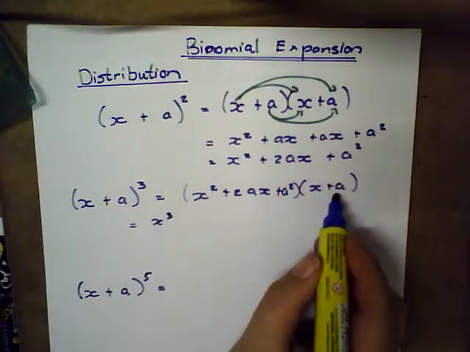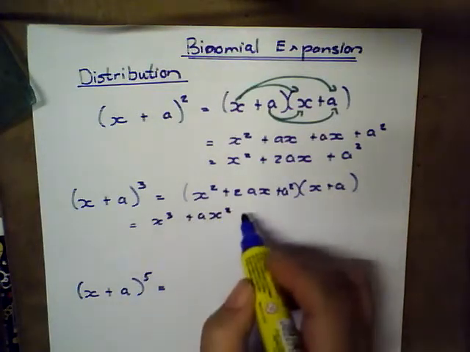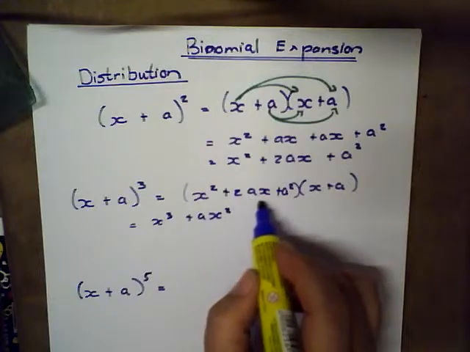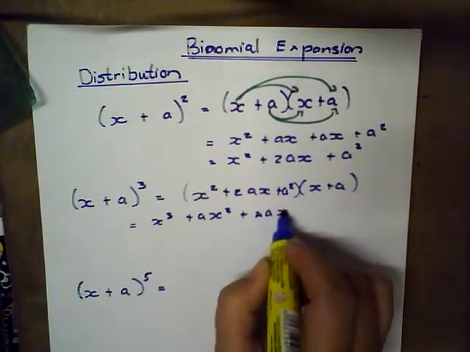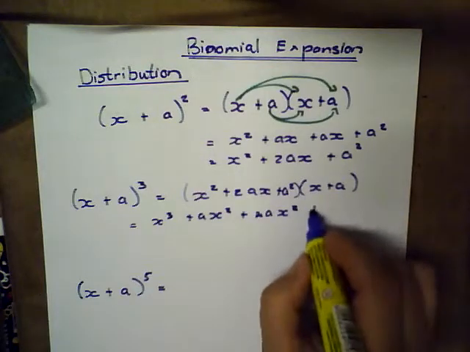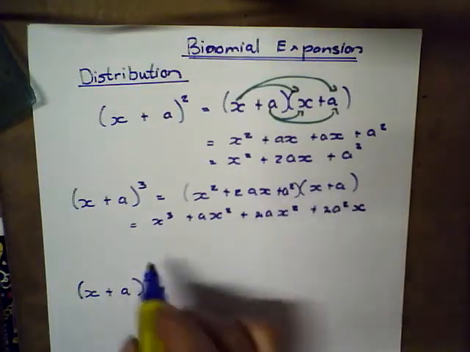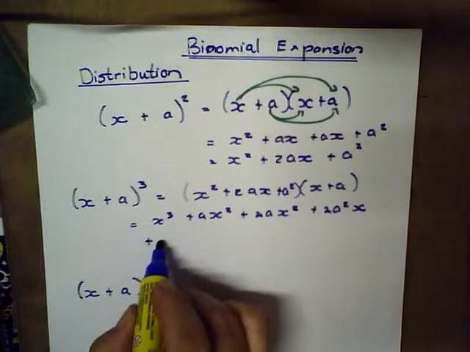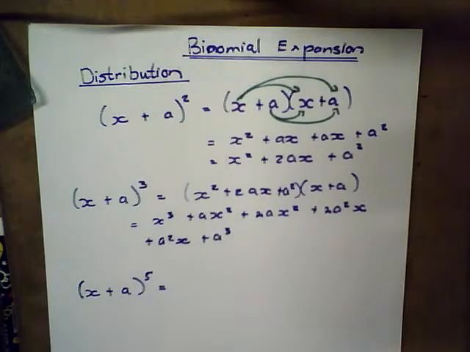X squared times a would give us positive ax squared. This one, 2ax times x would give us positive 2ax squared. That would give us positive 2a squared x. The last one, plus a squared x plus a to the third power. We can simplify this.